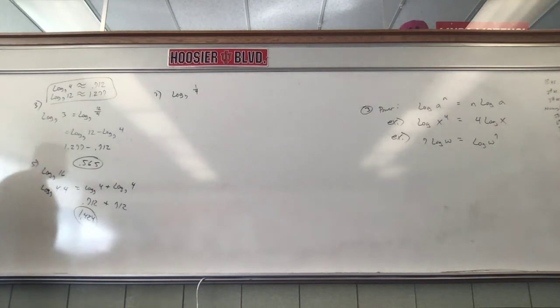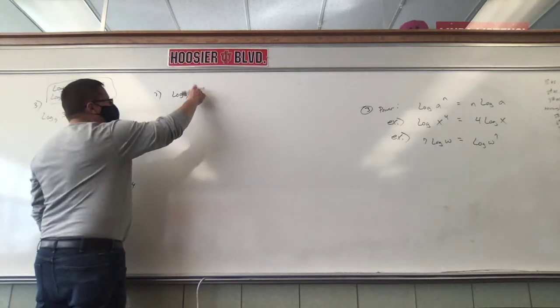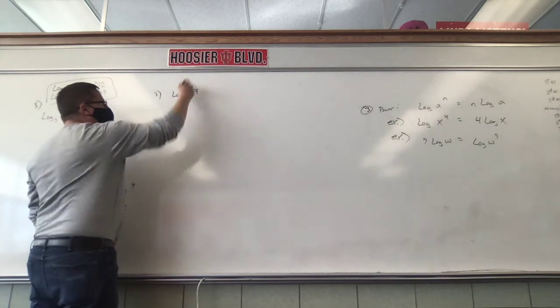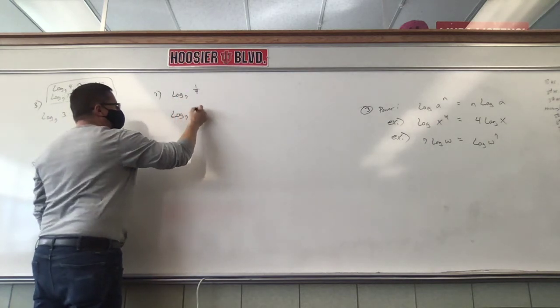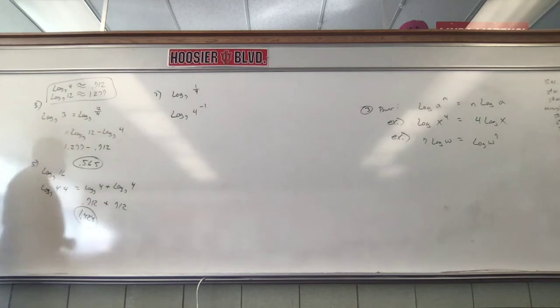Here's what you're going to do. This 4 has an exponent, it's a 1. I'm going to move that 4 to the top, and it becomes 4 to the negative first. 4 to the negative first is the same as 1/4. Which property do you think I'm going to use? Why? We're dealing with a power, dealing with an exponent. What can I do with that negative 1?